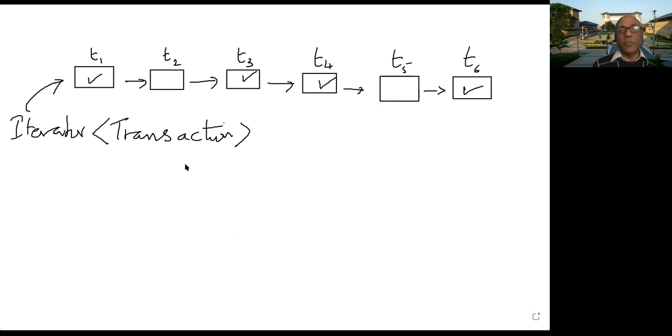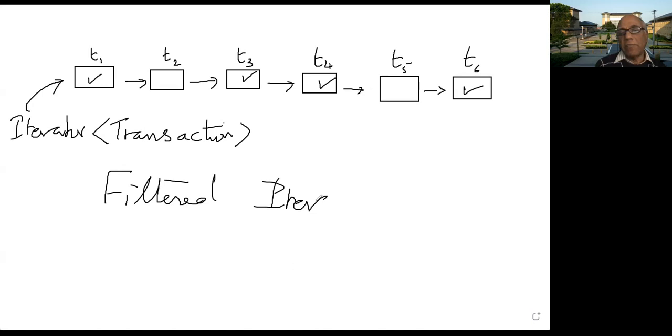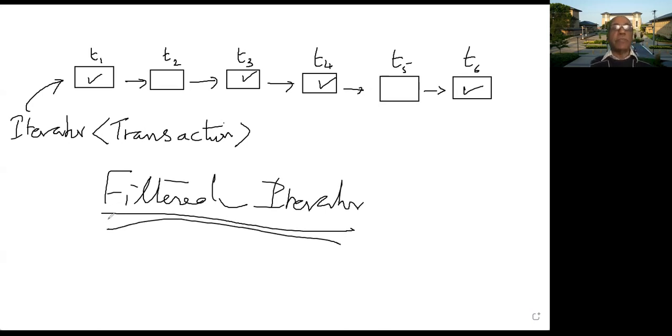So we have an iterator that is filtering stuff. So we are calling this a filtered iterator. That is the name of the iterator. It's a pattern, a filtered iterator. That is the class name, FilteredIterator. So how does that work? It needs the actual iterator to this list, which would give you T1, T2, T3, T4, T5, T6.